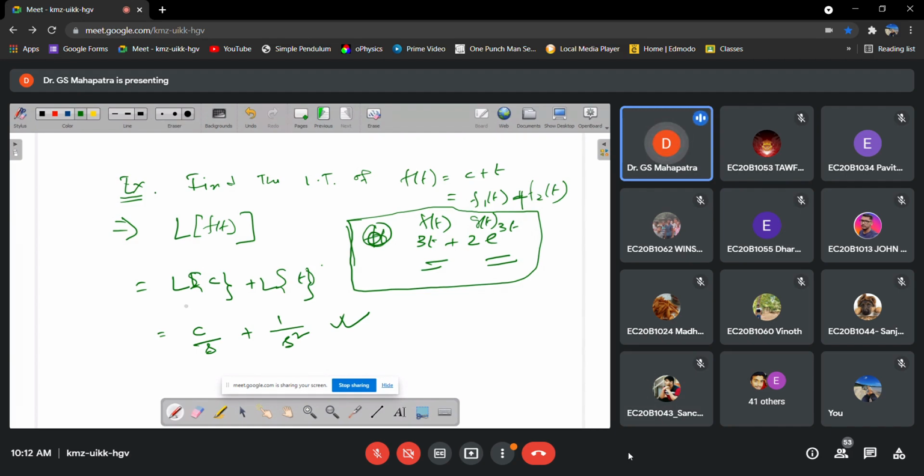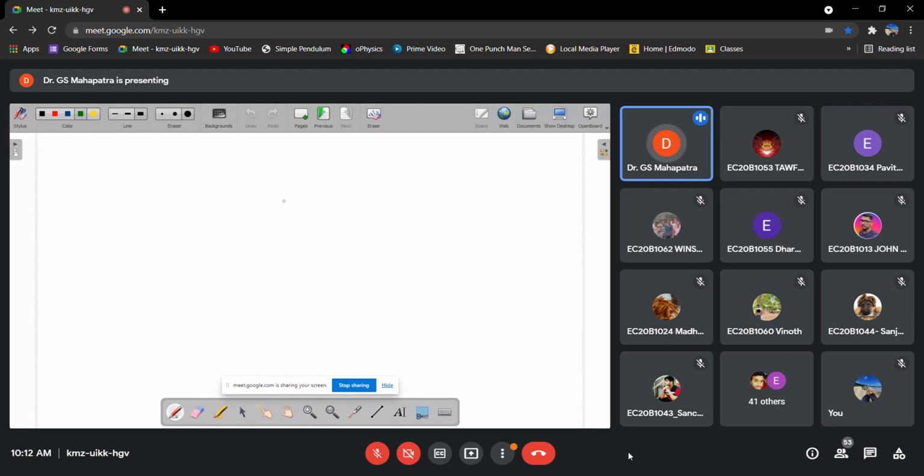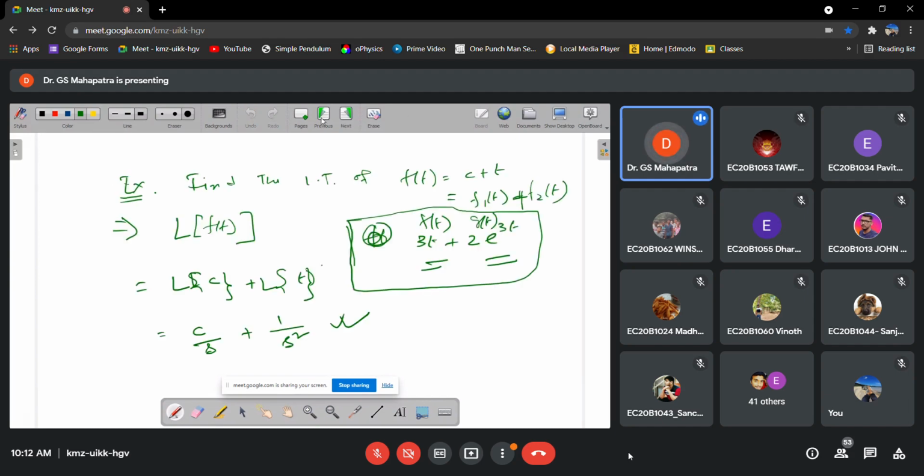Okay, so the next property is... Now c into a function, or the addition or subtraction of two functions, you now understood that it is a linearity condition. So you can consider the Laplace transform of two functions and more. Sorry, previous one: this is only two.